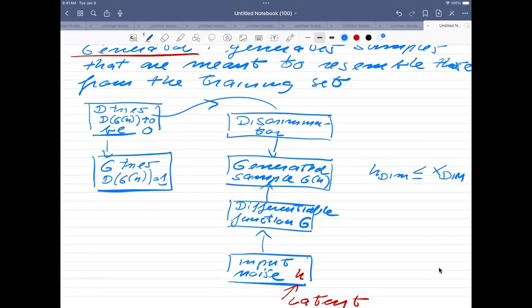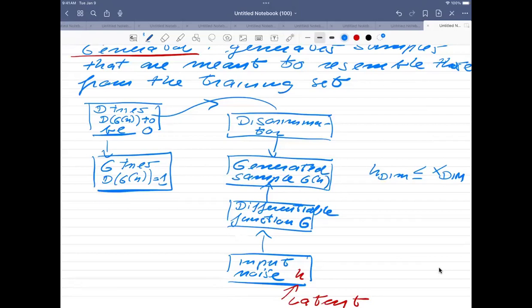So the generator trains to generate samples which are good enough in a way to fool the discriminator, while the discriminator tries to properly classify real training samples versus fake, which are the output from the generator.